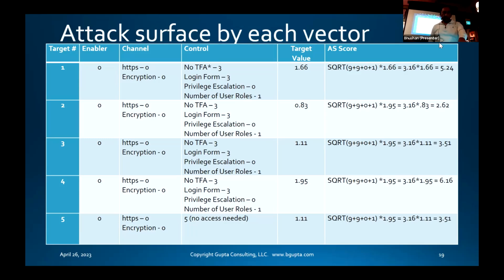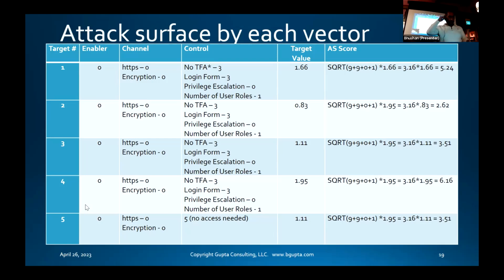what I could do is come up with a value which is shown right here. All I have done is I squared all the controls and taken a square root. I'm still trying to figure out why. I've seen this example before in published papers, but I think what they try to do is reduce the spread between different factors.